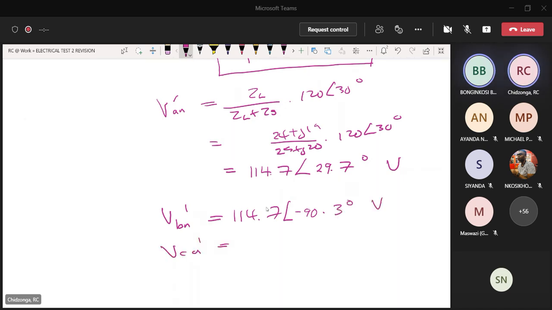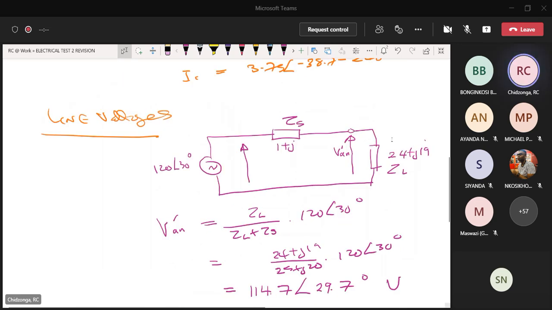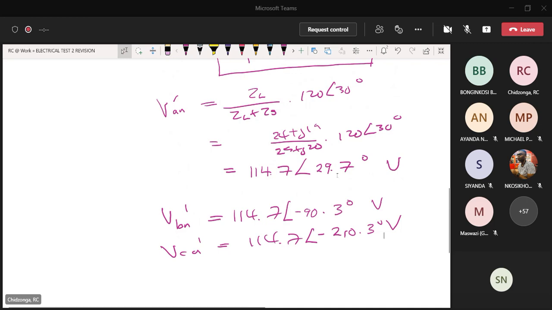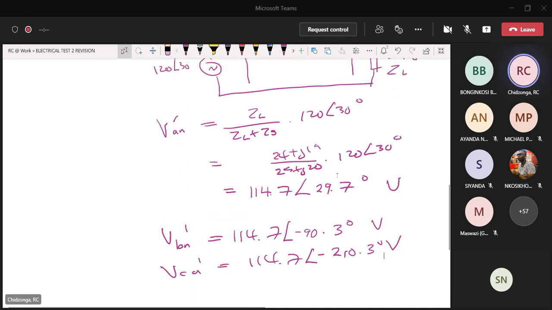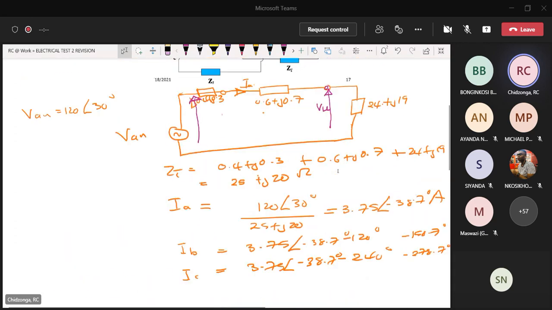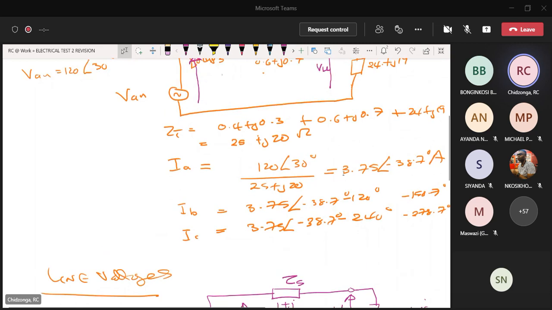Cn will be 114.7 angle 29.7 minus 240, so it will be minus 210.3 volts. You see, those are the voltages that you see, right? So in this case, those are the 3 voltages that you would calculate depending on how the person is configured.